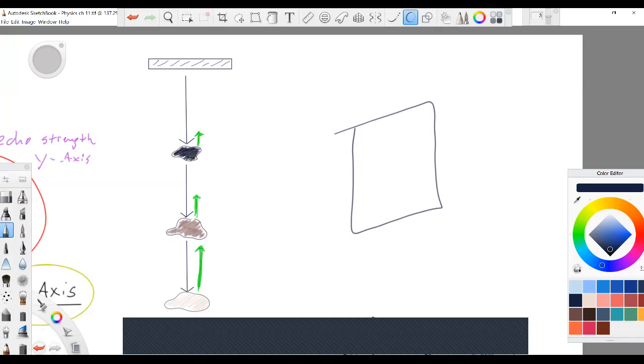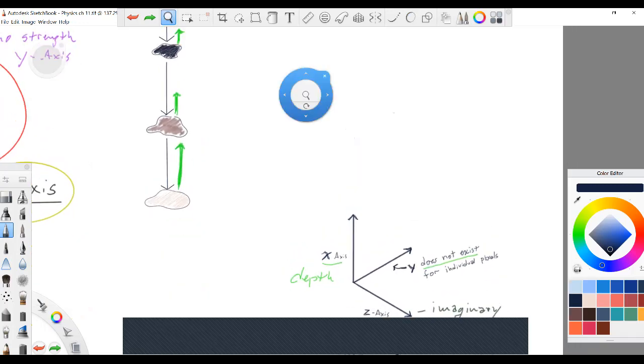I can't draw it quickly, so I'm not going to draw it out at all, but in any case, this could be a weak echo, medium, strongest echo.